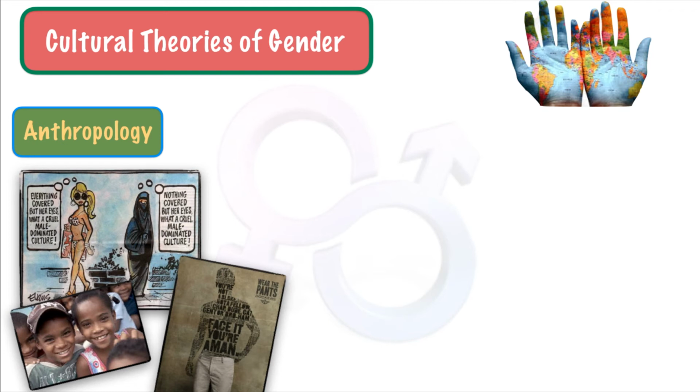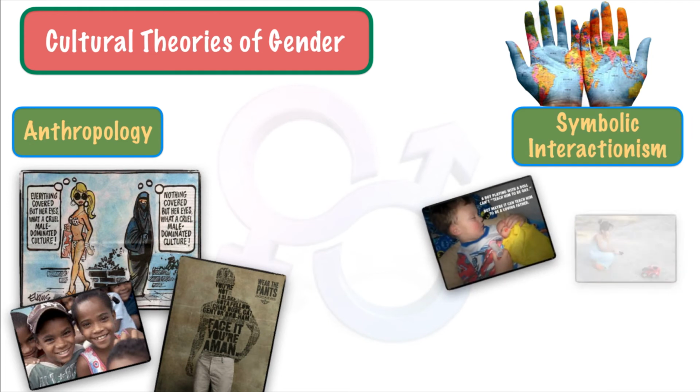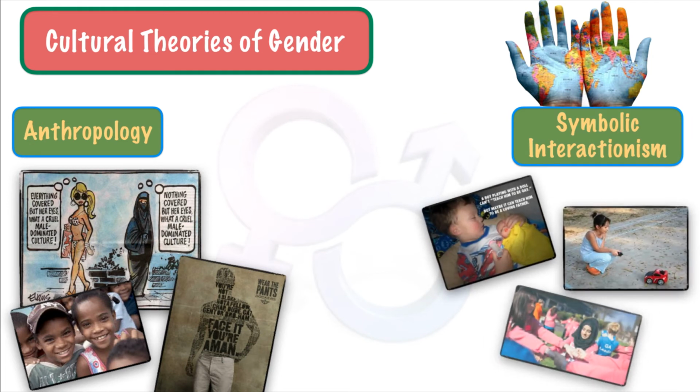Now we can look at the symbolic interactionist view, where they emphasize the process through which individuals learn to participate in society and internalize its values through communicating with others. It's through communication with others that we learn who we are. As parents interact with children, they tell them who they are.